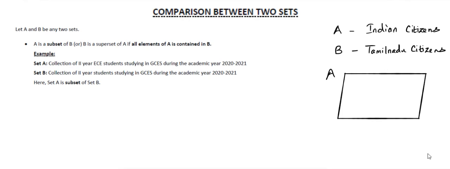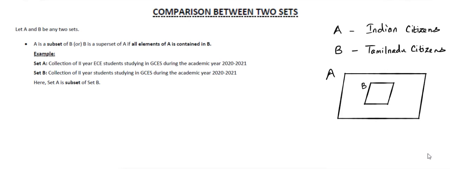Now where will be set B? It will be inside set A alone, right or not? Why? Because Tamil Nadu is located in India only.